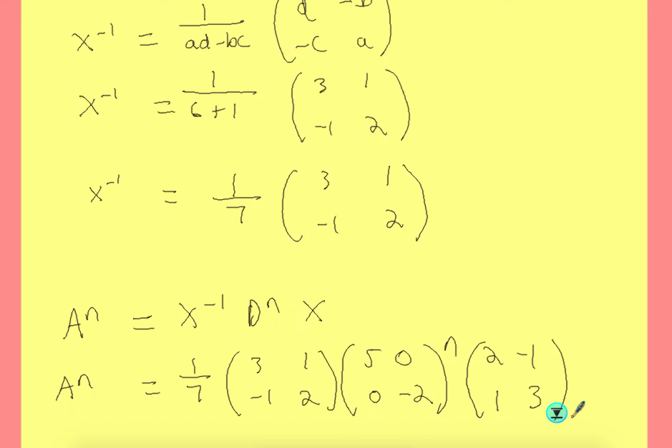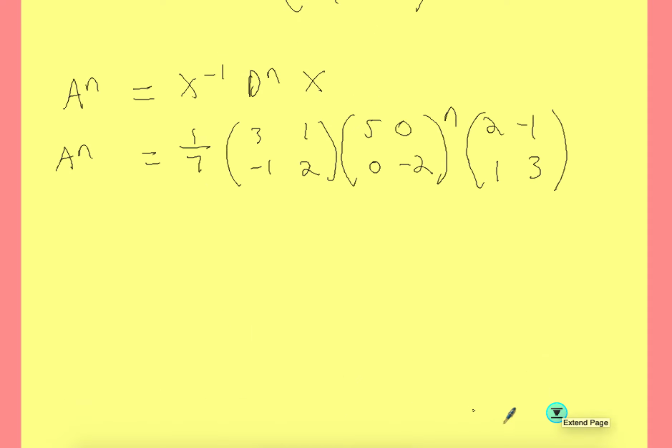Right, so we're nearly there. We've got our matrices all sorted out and nice. Right, now I need to give an expression for it.